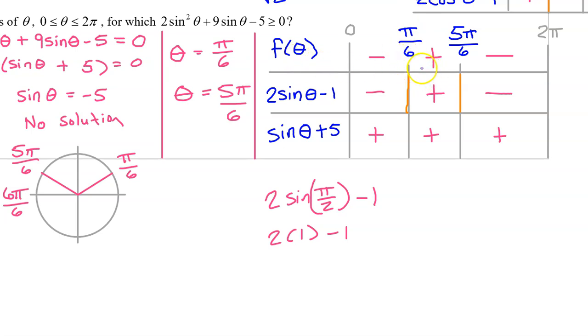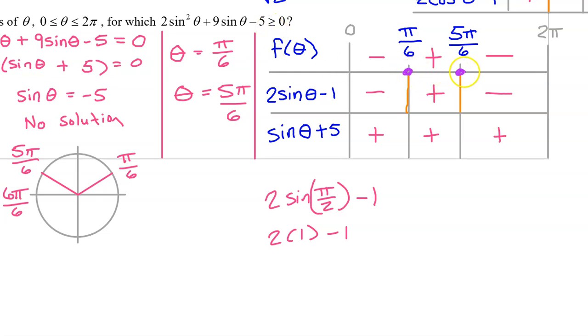Remember, f of theta will equal 0 at pi over 6 and 5 pi over 6 because the factor 2 sine theta minus 1 is equal to 0 at these two critical values. These will be included in the solution since we are looking for where f of theta is not only greater than but also equal to 0.